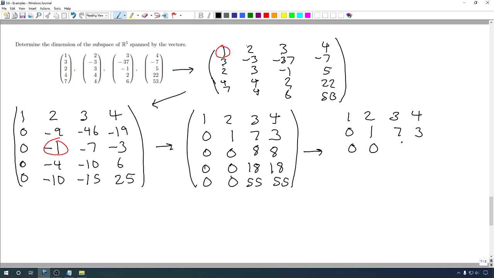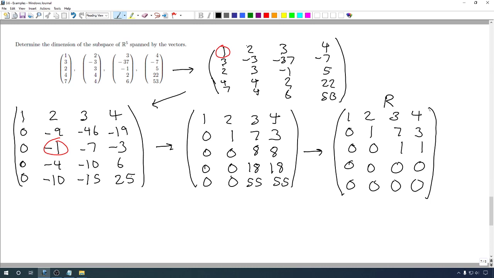Well, let's just divide everything by 8. So we just have 0, 0, 1, 1. Obviously, we still have zeros here. And if we then use this 1, 1 to cancel out this 18 and 55, hopefully it's not too hard to see that they'll also cancel out the other 18 and 55. So this is going to be our REF matrix.